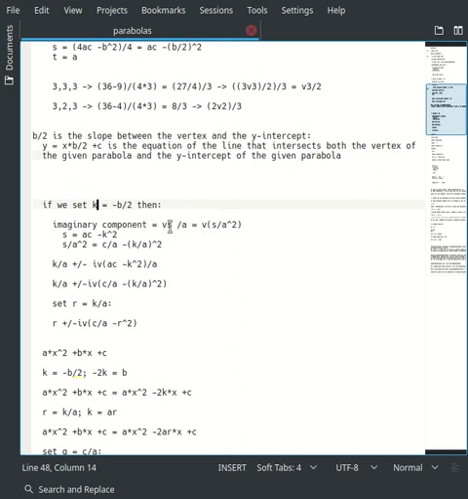I'm using v for square root because it visually looks like it, which is the same as the square root of s on a squared, that quantity. That gives us s is ac minus k squared. S on a squared is c on a minus k on a squared. I'm kind of just playing with stuff at this point, and I'm going to walk through it a little bit. Your real component is k on a.